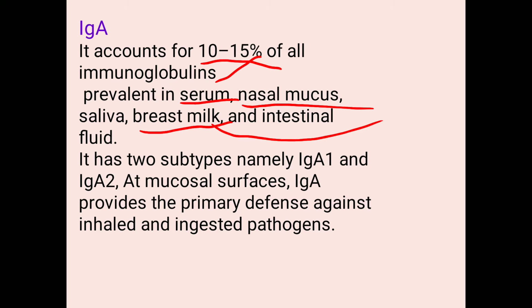Breast milk is nothing but colostrum. It has 2 subtypes, IgA1 and IgA2. It is involved in the primary defense against pathogens. It is a dimer.